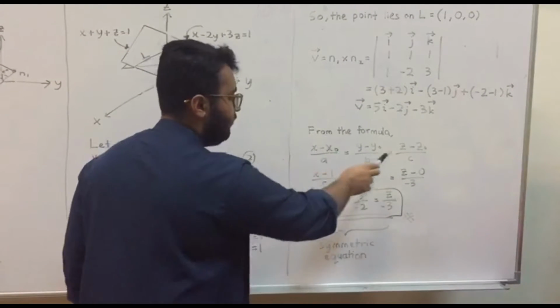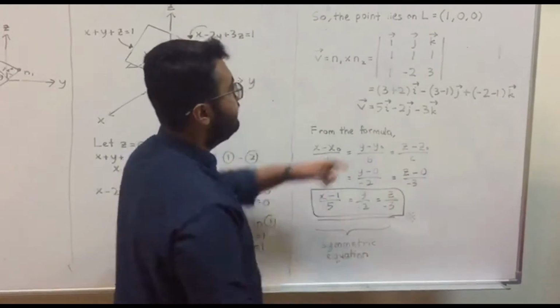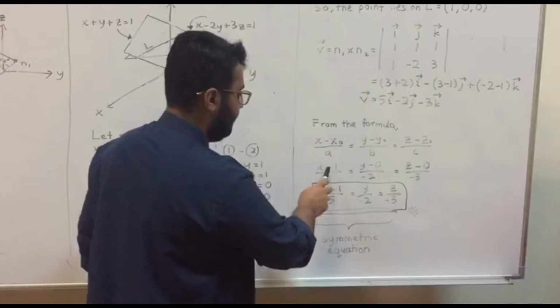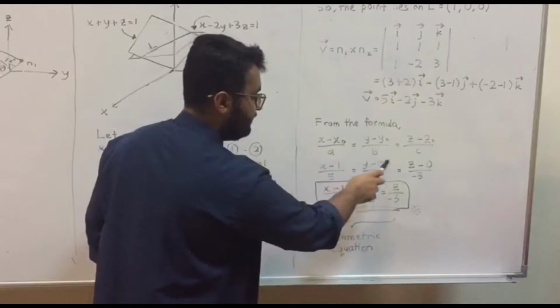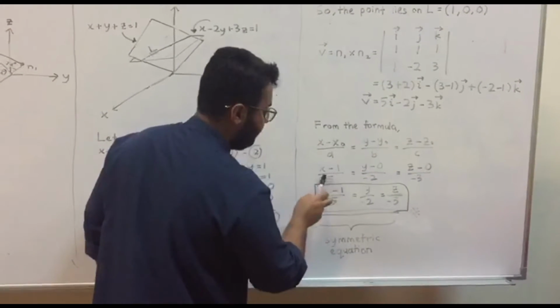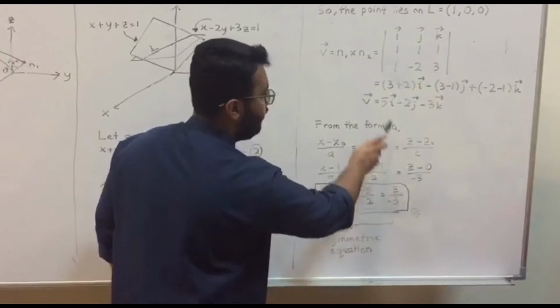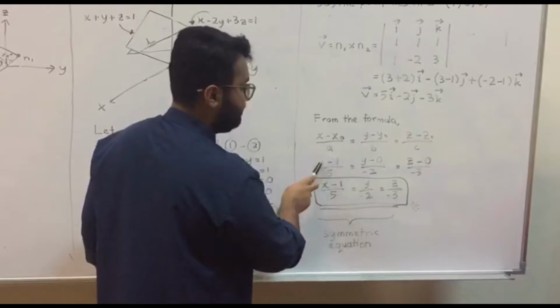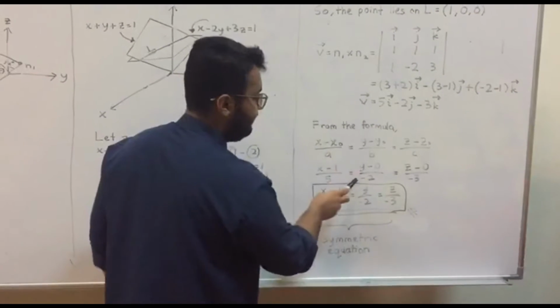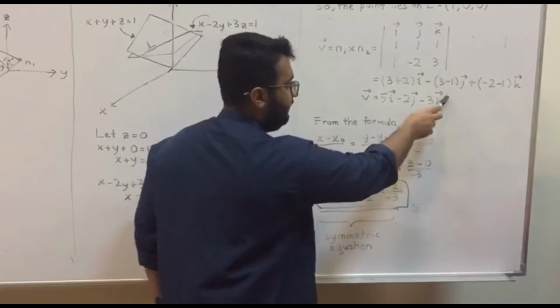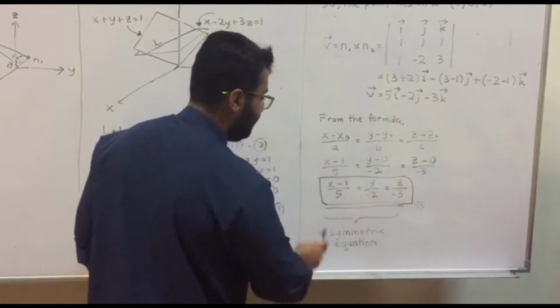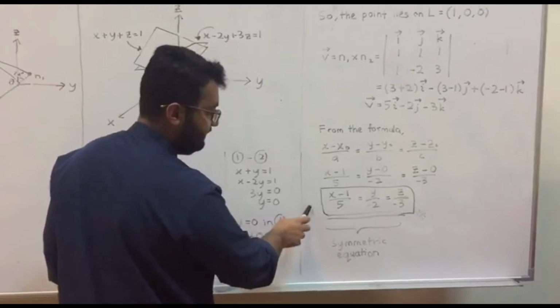Here x naught, y naught, z naught is the point that lies on the intersection L, so x minus 1, y minus 0, and z minus 0. The 5, negative 2, and negative 3 come from the vector: 5 is substituted in a, negative 2 in b, and negative 3 in c.